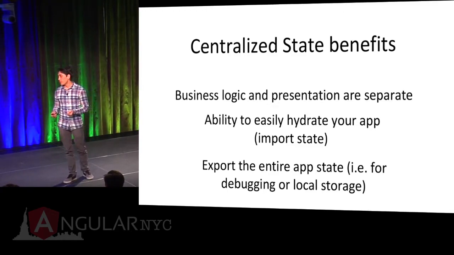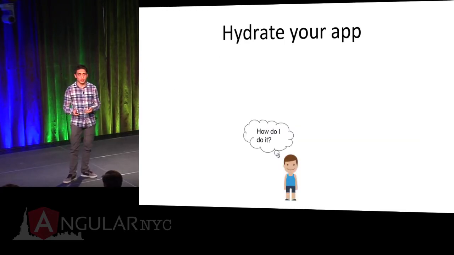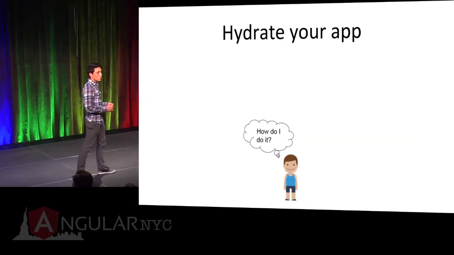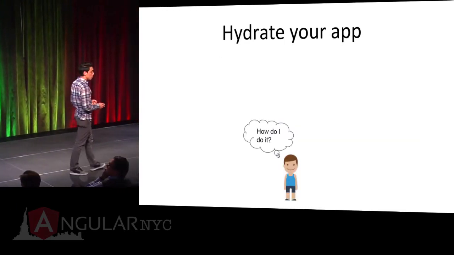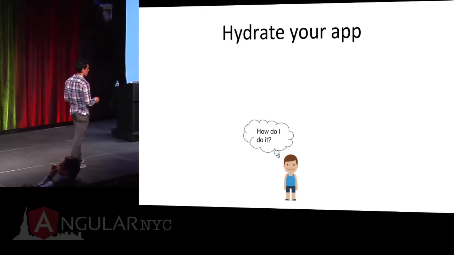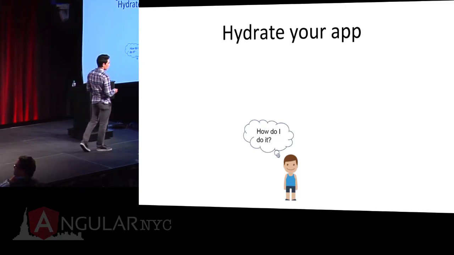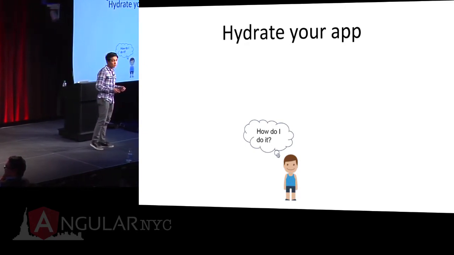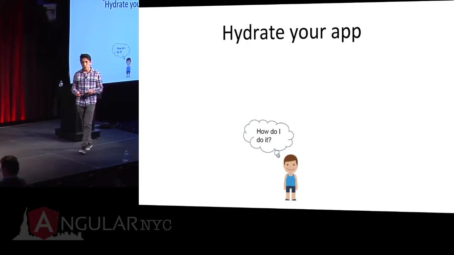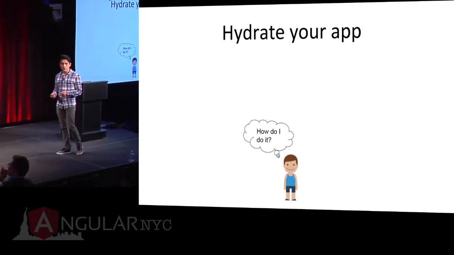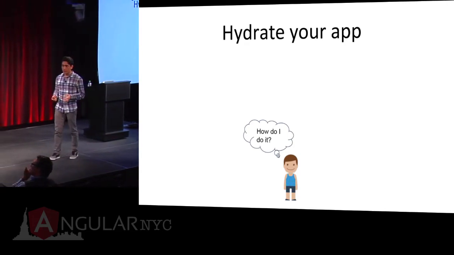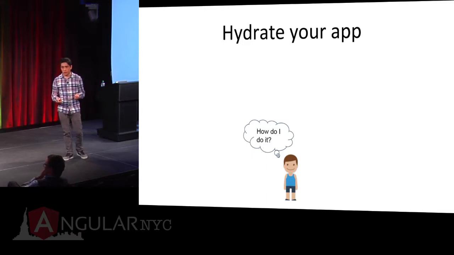So let's see what it means to hydrate and export the state. Let's say there's Jimmy, and Jimmy has an app that stores user sessions somewhere on the server. When his front-end app launches, he needs to restore those sessions exactly. So how does he do it?